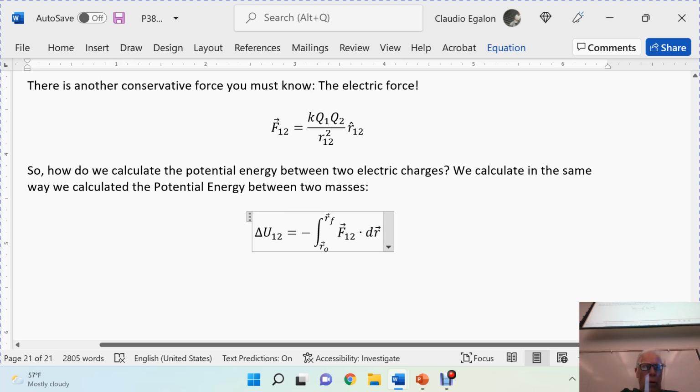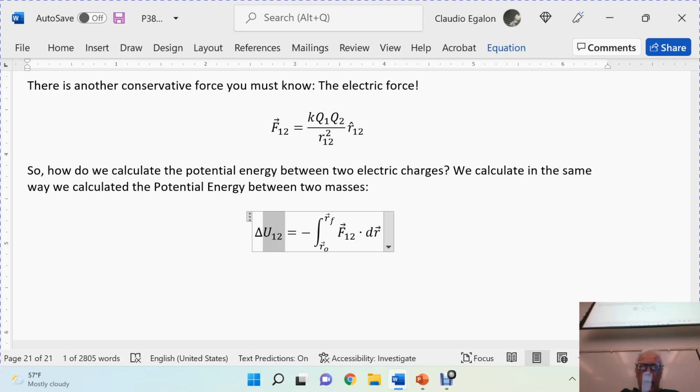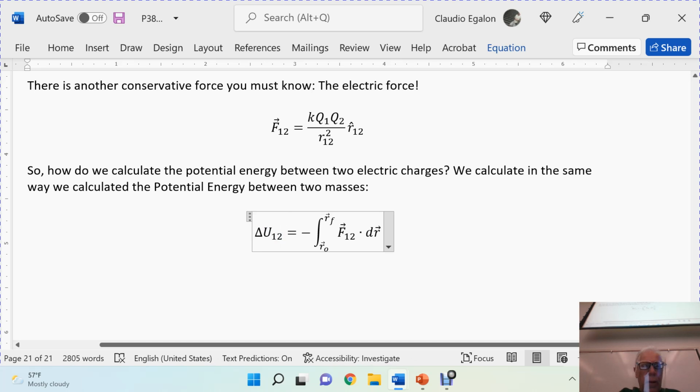And I'm gonna drop also those subscripts to make the notation simpler. Let's see. No, he doesn't like it. Okay. So that's it.